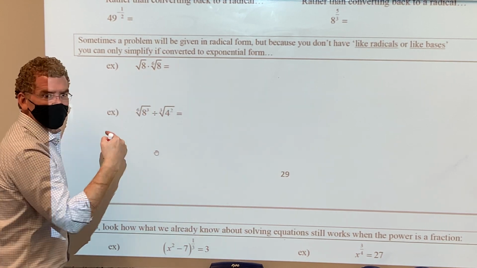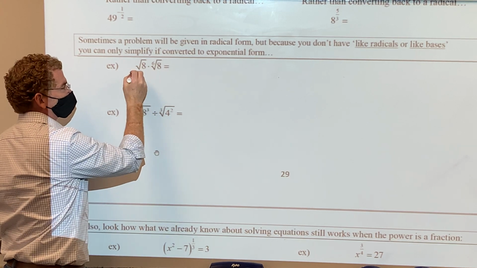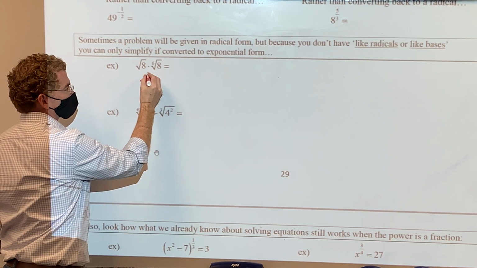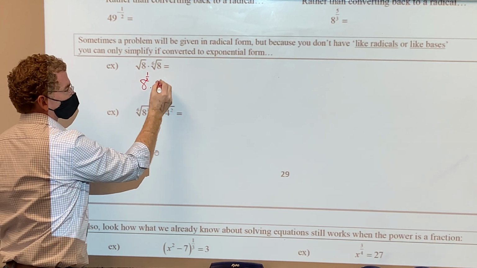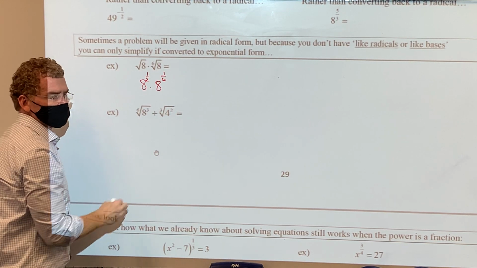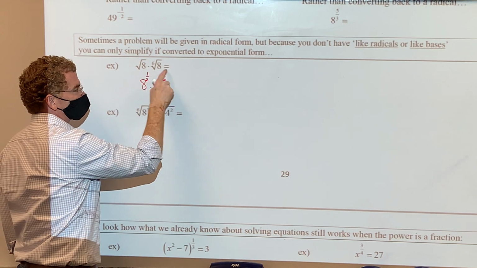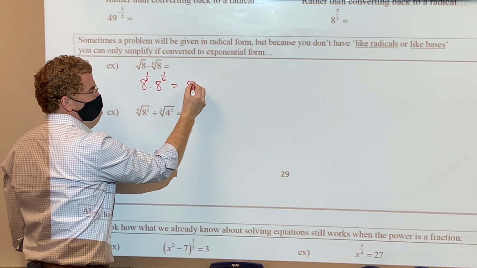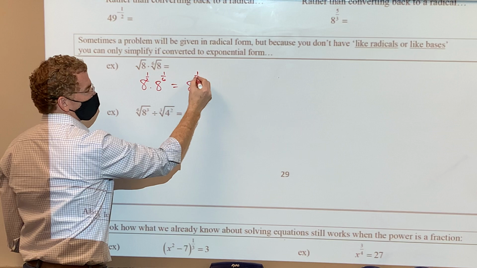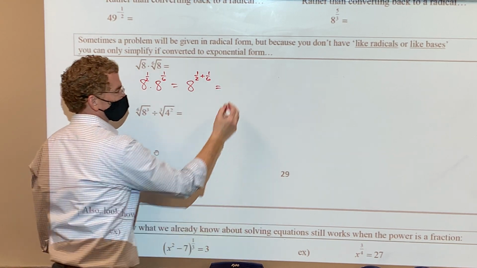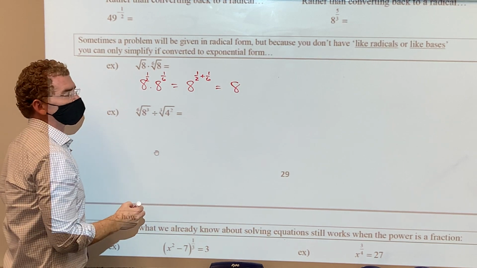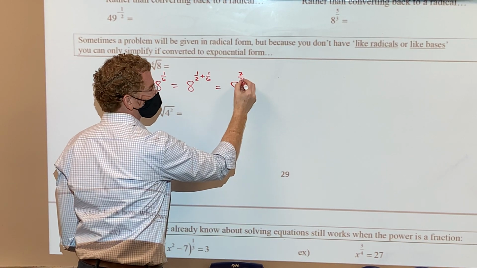I could use what I know, which is change the square root of 8 to a what? 8 to the 1/2. The 6th root of 8 is 8 to the 1/6. And to multiply like bases with different powers, you do what? Keep the base, add the exponents, which gives me what? 8 to the 4/6, which is 2/3.